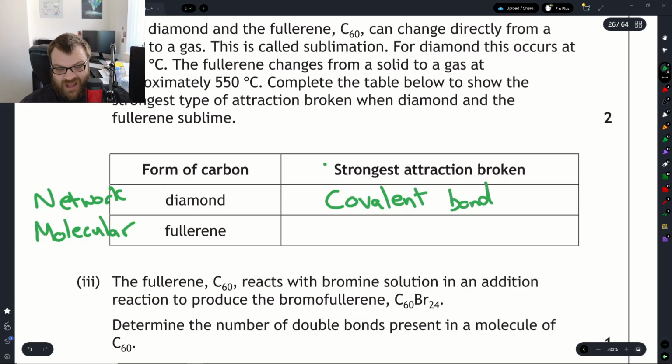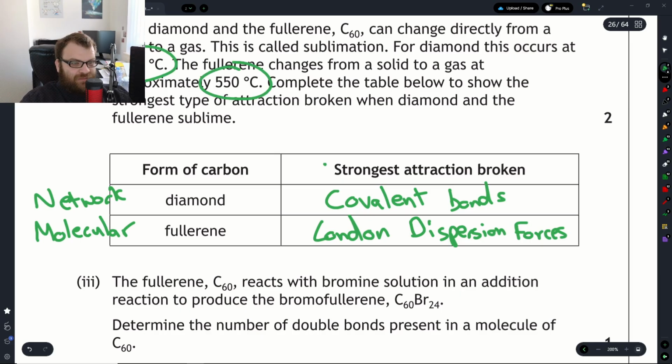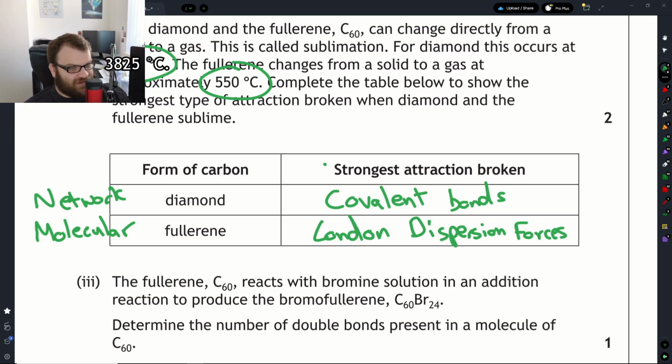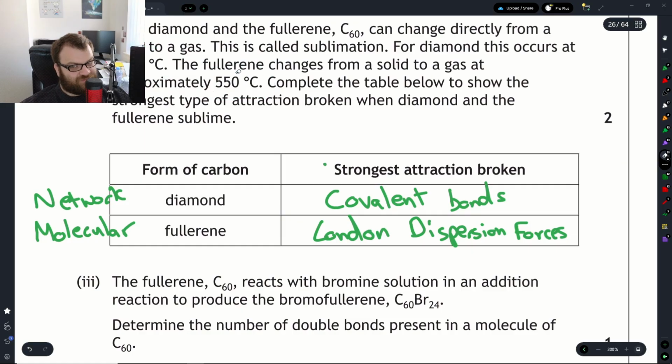If you have a molecule like fullerene, the strongest attractions broken will be London dispersion forces. This is also shown by the fact that the temperatures that the chemicals sublime at are vastly different. Because for diamond you're breaking strong covalent bonds, you have 3,825, and it's the weaker London dispersion forces that result in 550 for the fullerene.